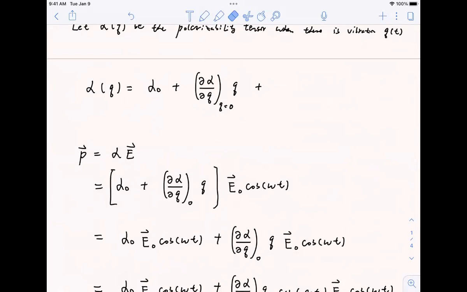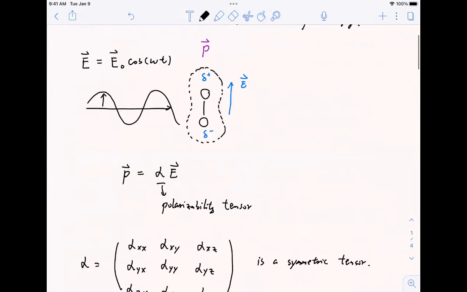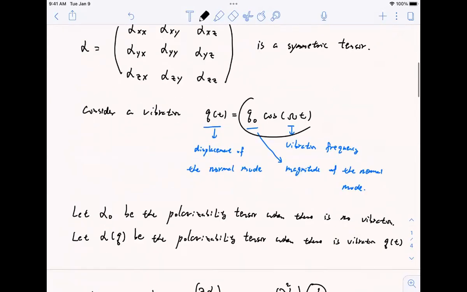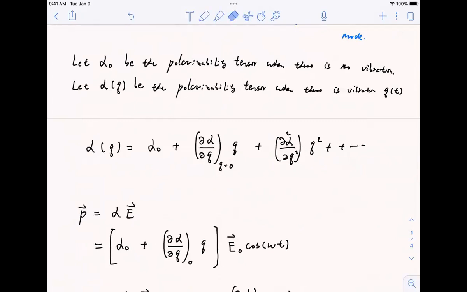You only need to do this twice, and then you have the Q square. Then you put this in twice, and you're going to have the overtone of the Raman peak. Okay, so just like that.